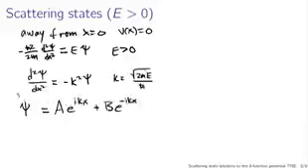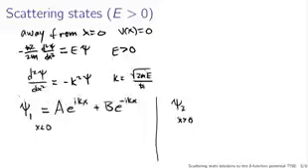Since we're talking only about regions away from the delta function, we really have two general solutions here. We have psi 1 for regions where x is less than 0, and we have psi 2 for x greater than 0. Psi 2, to the right of the delta function, is going to look very similar: F e to the ikx plus G e to the minus ikx.